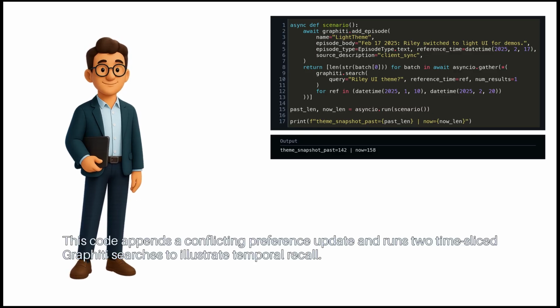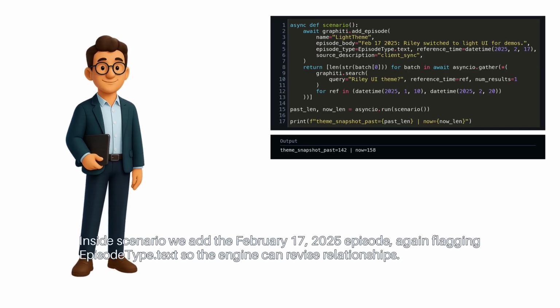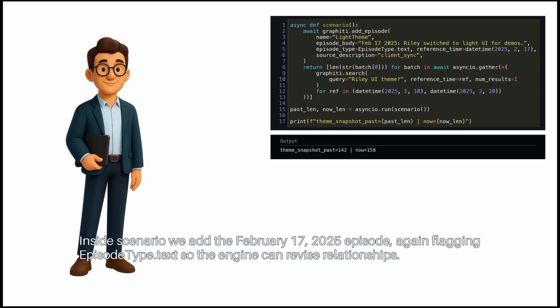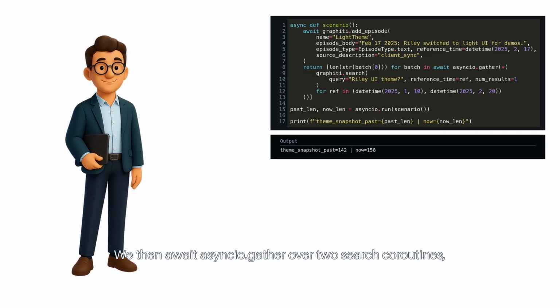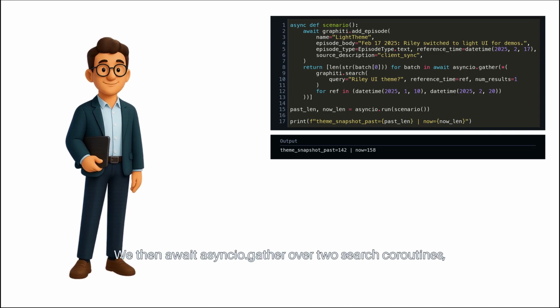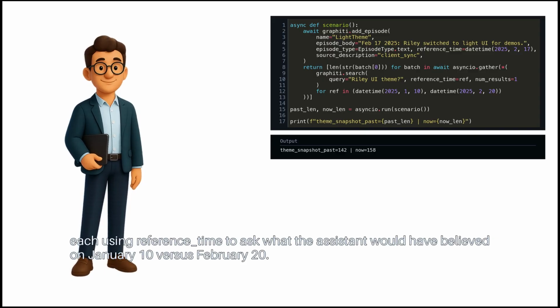This code appends a conflicting preference update and runs two time-sliced Graphiti searches to illustrate temporal recall. Inside the scenario, we add the February 17, 2025 episode, again flagging episode type text so the engine can revise relationships. We then await asyncio.gather over two search coroutines, each using reference time to ask what the assistant would have believed on January 10th versus February 20th.